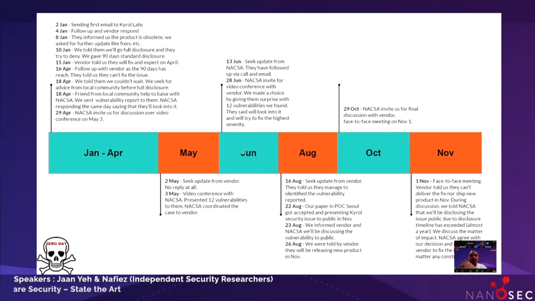We informed the vendor and NACSA, of course, that we would be discussing this publicly, and we were told by them in August that they would release a new product in November. That made us a bit happy, because we didn't have to worry that whoever used the product would not get the fix by November.